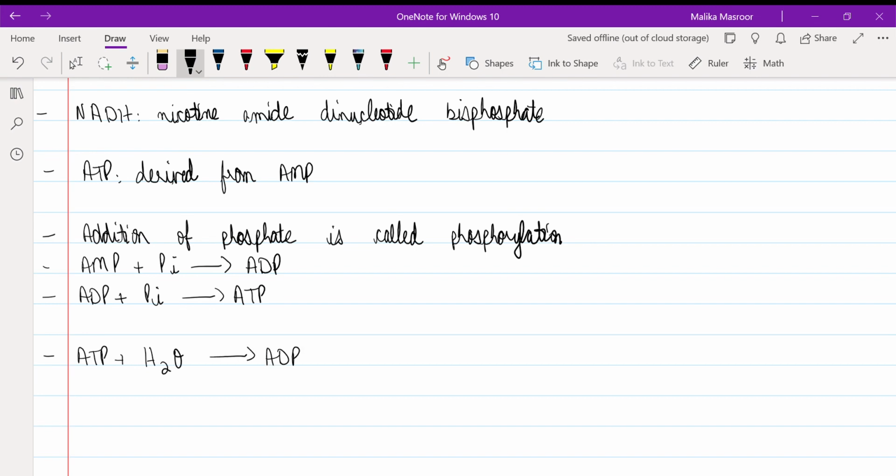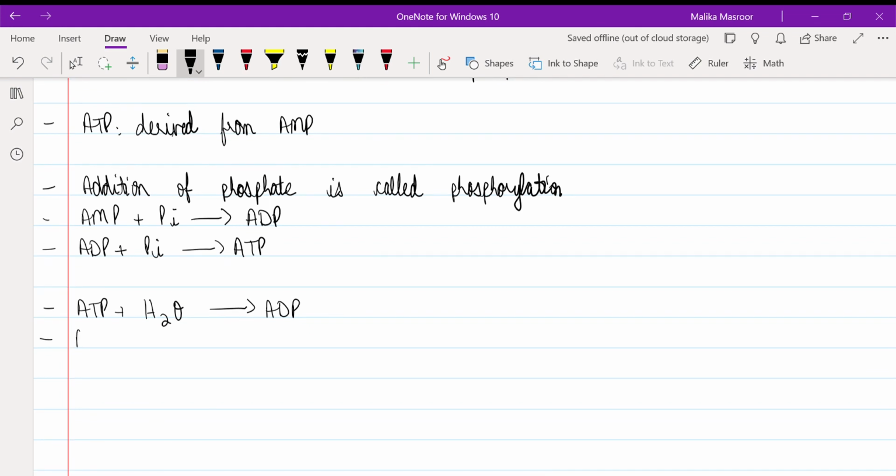So these are all reversible reactions. If you hydrolyze ADP, you will get AMP. If you further hydrolyze this AMP, you will just be left with adenosine. Is this clear? I hope it made sense.